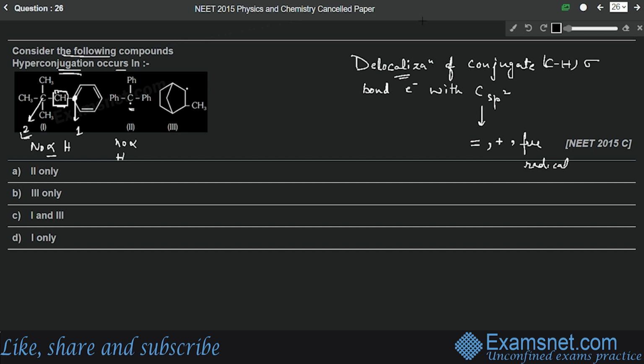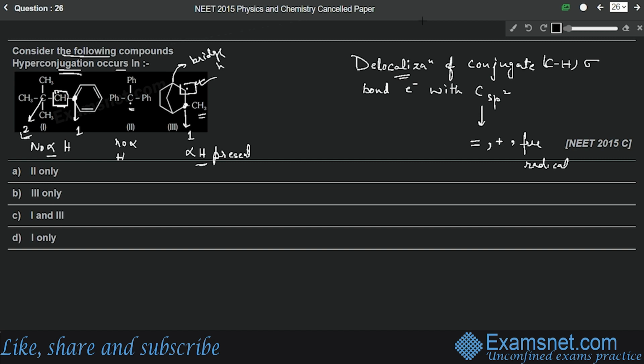In the third one, this position is the free radical position. Now on the right side of this radical, we have this number one alpha position. At this position, you will have alpha hydrogen. On the left side, we have the bridge-headed carbon.